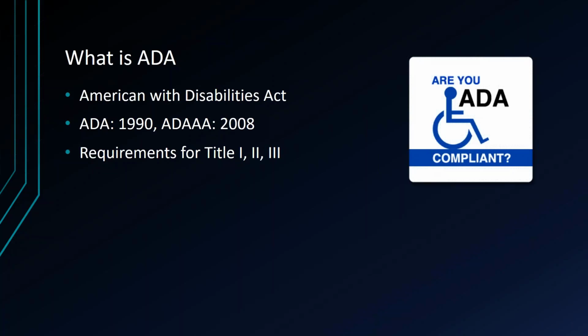Title I is if you're an employer and you have employees, you worry about making sure that they have accessibility arrangements in place. Title II is for government entities, so if you're working for a government entity, state or federal, these give you the guidelines for accessibility. The third one is for any place that has a public area or public business. So that covers pretty much everything.